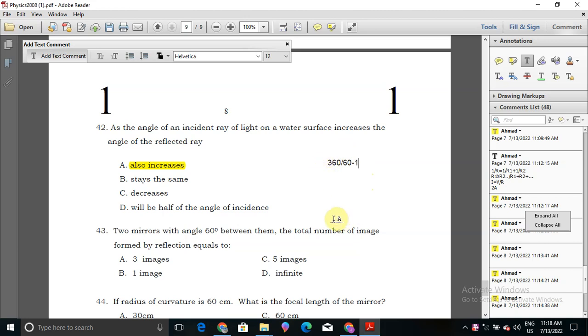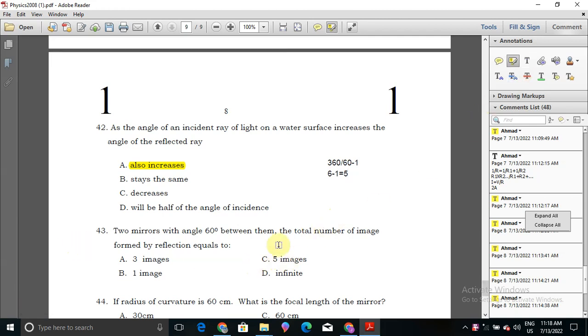So that means 6 minus 1 is equal to 5. So the correct answer for question number 43 is 5 images.